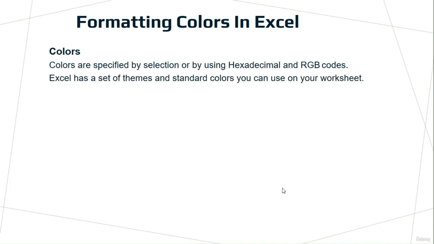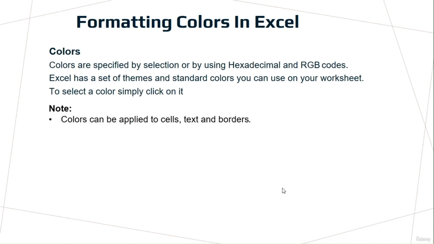Excel has a set of themes and standard colors you can use in your worksheet. To select a color, simply click on it. Note something: colors can be applied to cells, text, and borders. Colors are also applied to cells by using the fill color function.